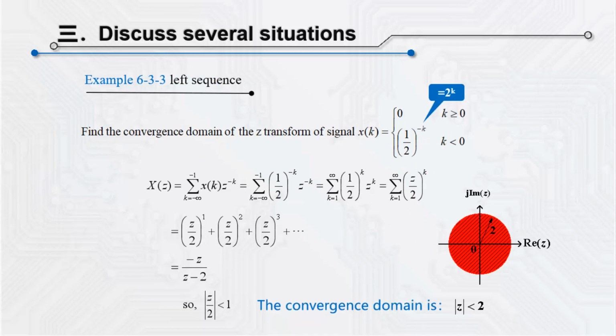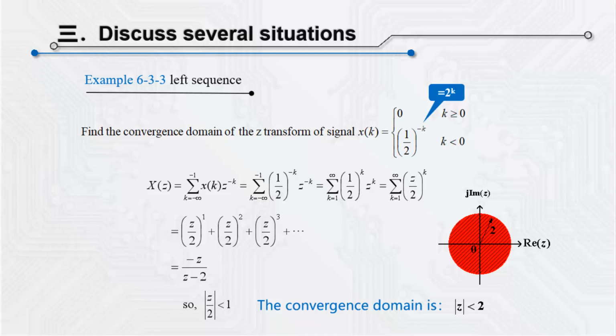We give a specific sequence. You can take a look. We give the left sequence x of k and analyze its convergence domain accordingly. According to the above analysis process, you can see when the modulus of z divided by 2 is less than 1, the sequence converges to minus z divided by z minus 2.